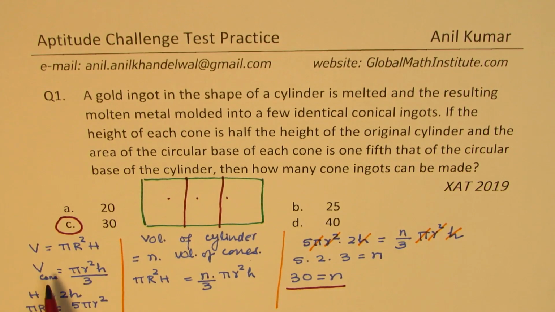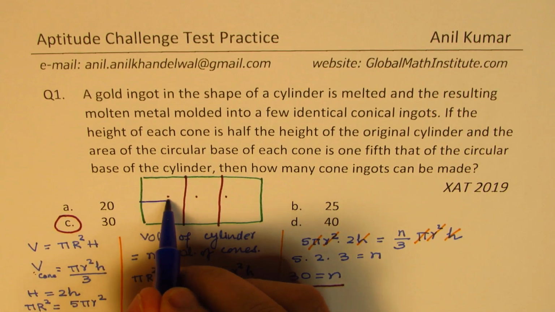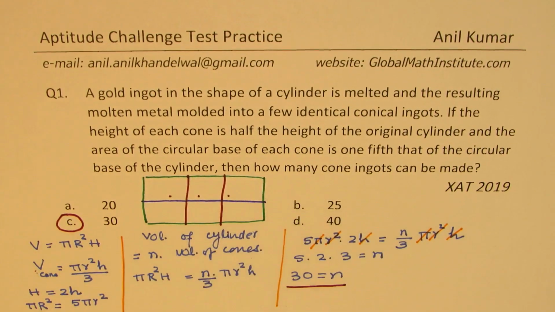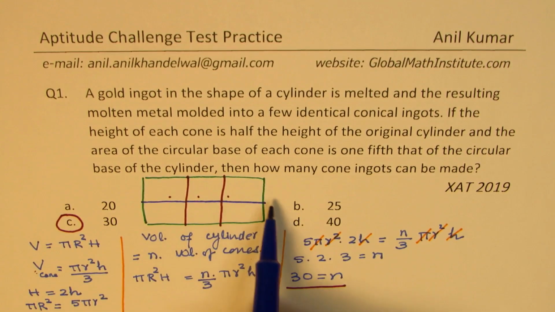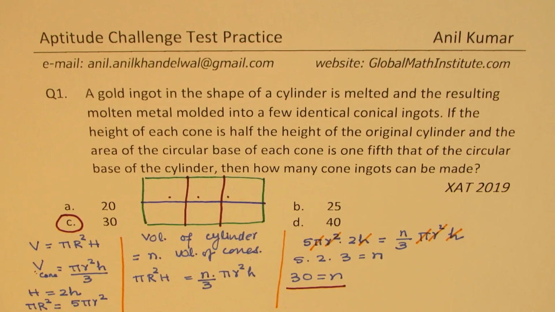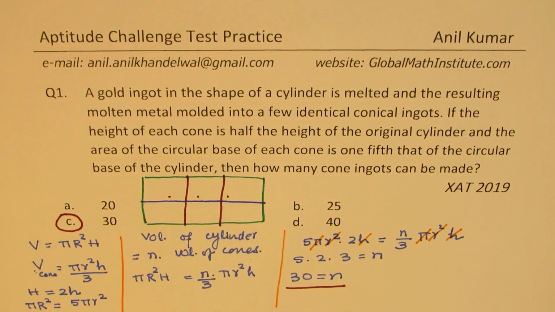Now we also know that the cone which is being produced is half the height. So half the height means you could divide it into half. Correct? So each cone is half the height. Now we are saying that the area is divided into five parts, right?